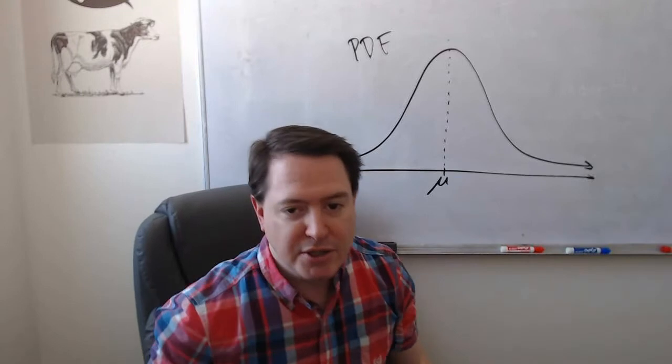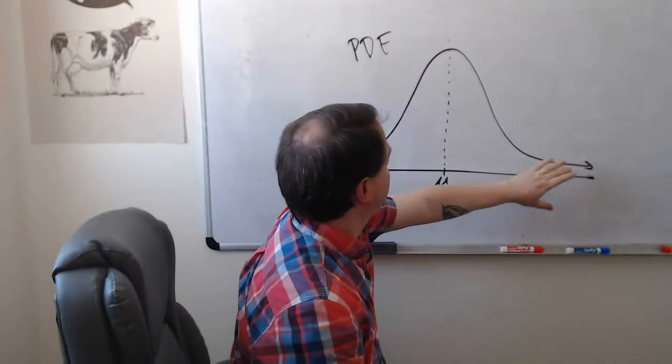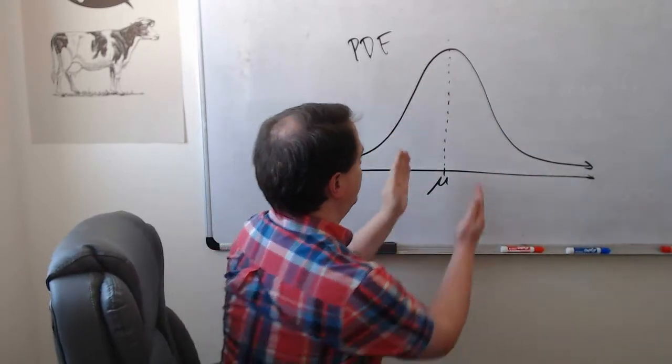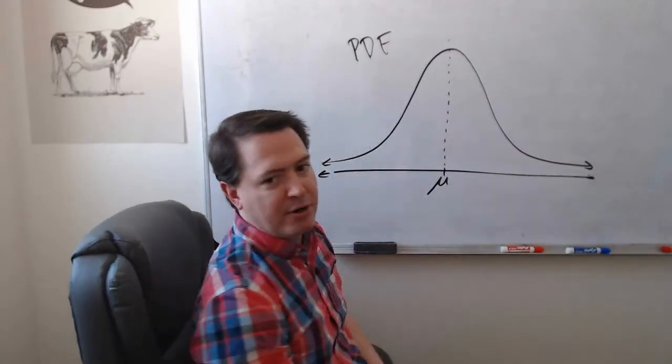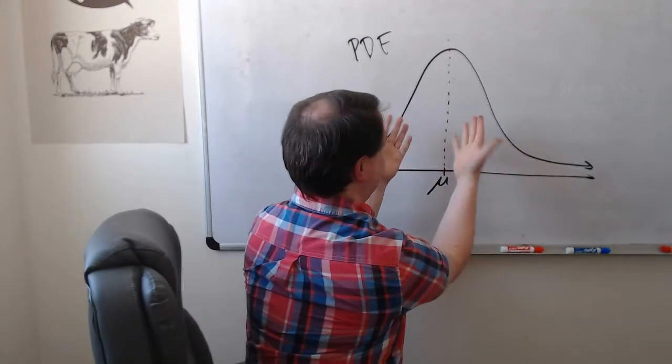Let's think about this. We know that the total area under this PDF curve is 1. And we know that when I split it right here, one side is a mirror image of the other. Mirror images are the same size.